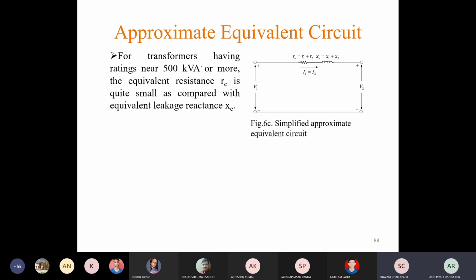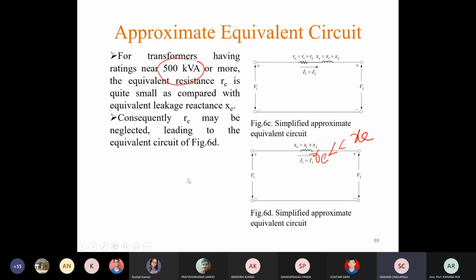So for transformers with 500 kVA rating or more, Re is less than Xe. So we can neglect this Re and we will get a more simplified equivalent circuit as shown in figure 6d. Here we have only the leakage reactance, no winding resistance.